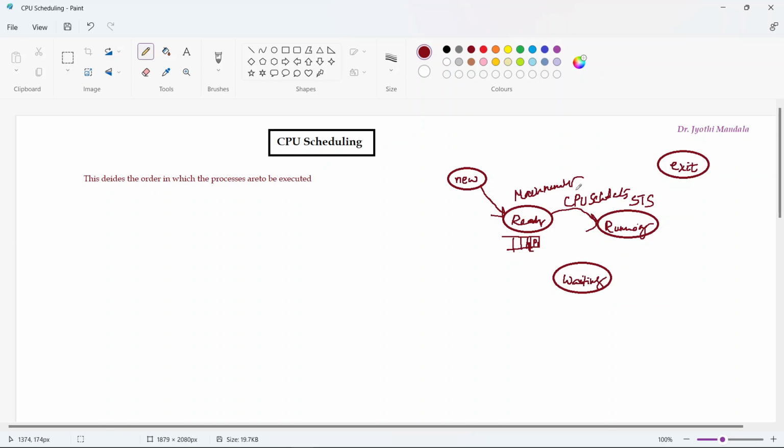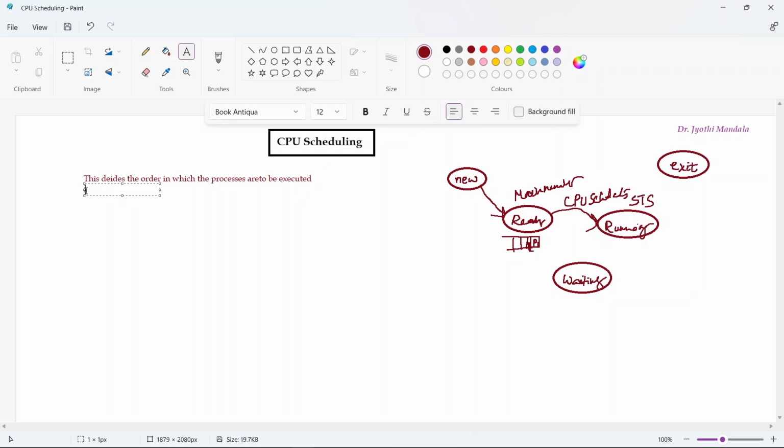Now, why do we need the CPU scheduling algorithm? Because we want to achieve multi-programming efficiently. So the main advantage of this is to achieve multi-programming. Just make a note of that, all of you. Why?